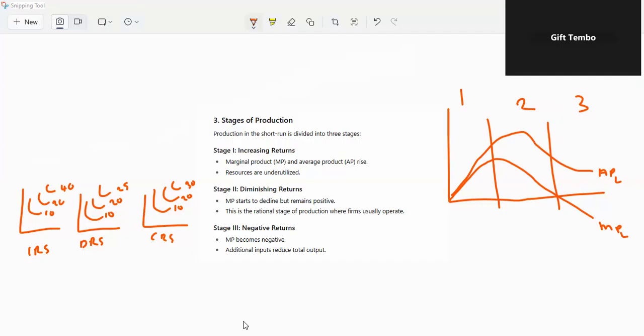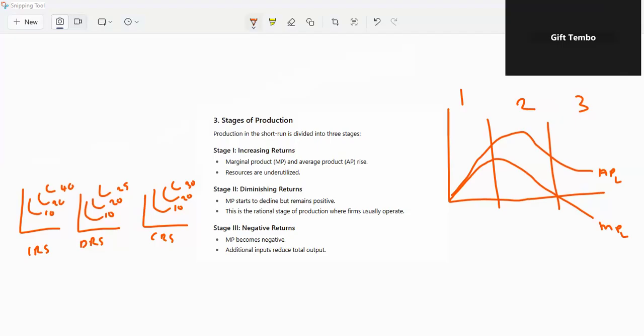So what do we mean by the total product of labor? And what do we mean when dealing with the average product of labor? These are some of the key terms that we must understand.